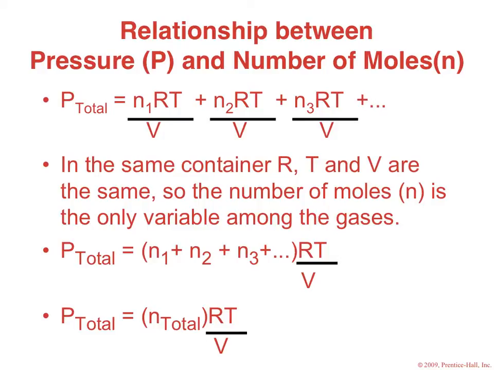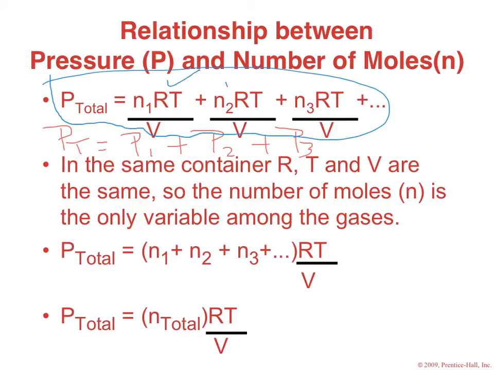So if we take Dalton's Law, which said the total pressure of any mixture of gas is equal to the sum of all of the partial pressures of the gases in the mixture, what I've done here is I've simply subbed in the ideal gas law for all the partial pressures.